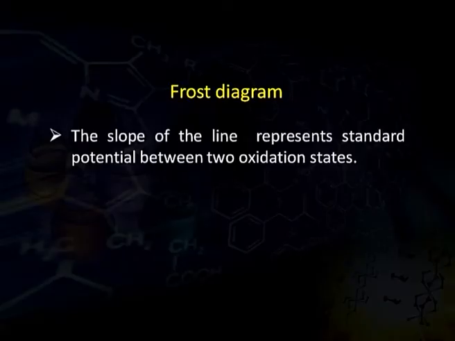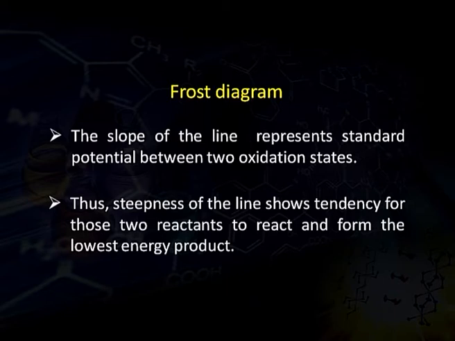The slope of the line represents the standard potential between the two oxidation states. Thus, the steepness of the line shows the tendency for those two reactants to react and form the lowest energy product. Means the shape of the line is going to predict the properties, as the slope of the line represents the standard potential between the two oxidation states.